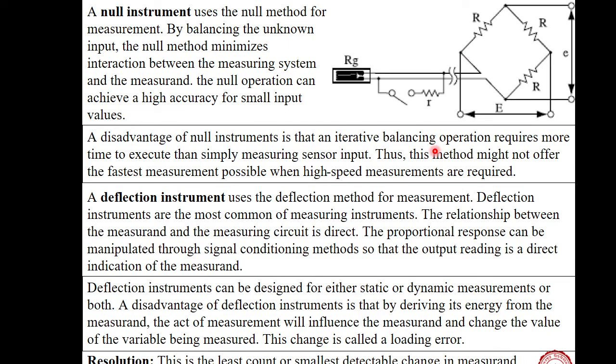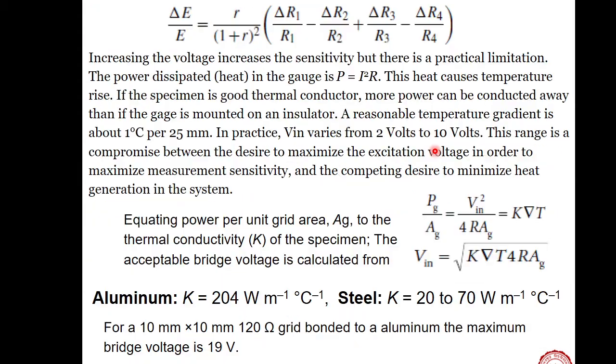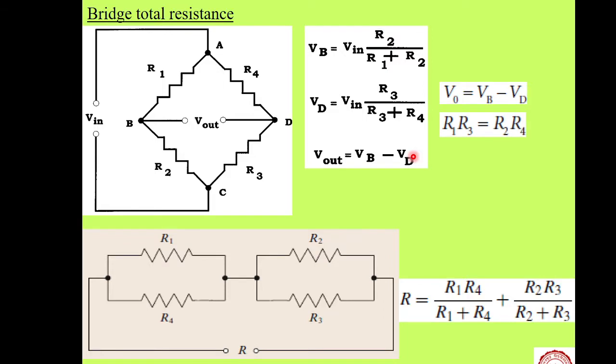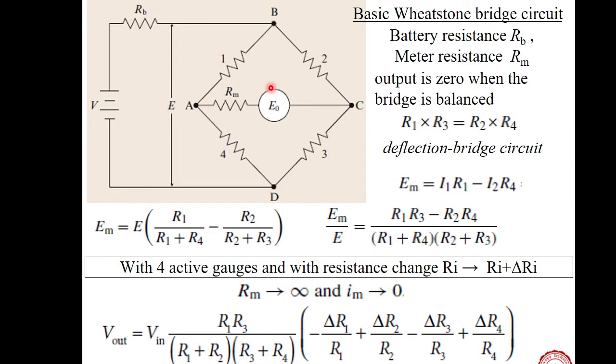So here, what we measure ultimately is this delta E, and this delta E is measured by the galvanometer here. That means this meter, again some meter. So you see, ordinarily, if we use a deflection type meter, a voltmeter, say analog type, we have a scale there.